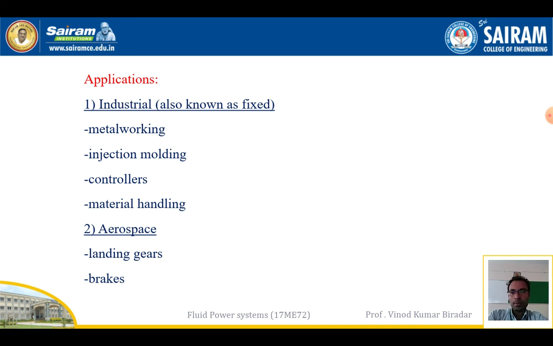hydraulic power system. The second is aerospace, so landing gears and braking. While landing, the aeroplane uses hydraulic systems, and brakes. For example, in four wheelers, buses, lorries and trucks, we use a hydraulic power system, with the help of fluid we stop the vehicle.